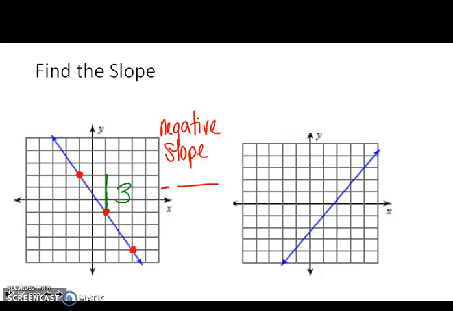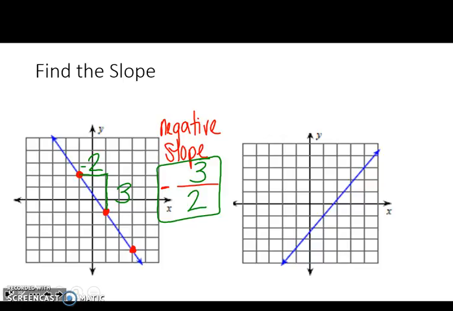So that's my rise. And then my run is 1, 2, and it's a negative 2 because I went to the left. But since I already have that negative in the front, all I have to do is write down the 2. So my slope is a negative 3 over 2. And you're going to want to verify that negative 3 over 2 can't reduce, but I already know that it can't. So that would be our final slope answer.